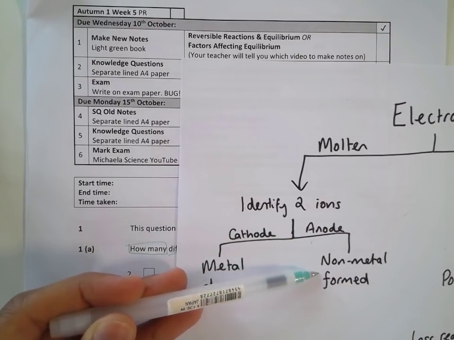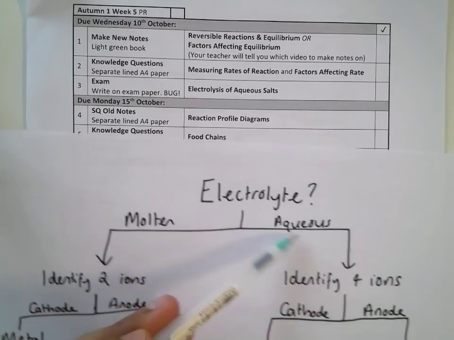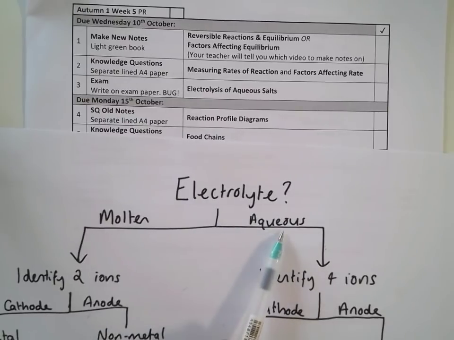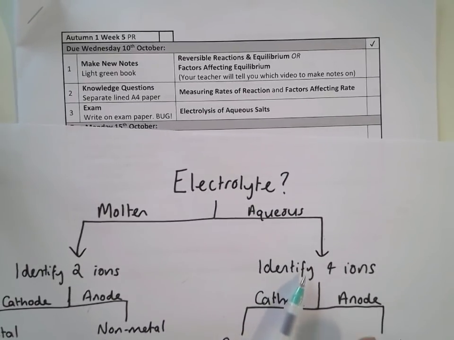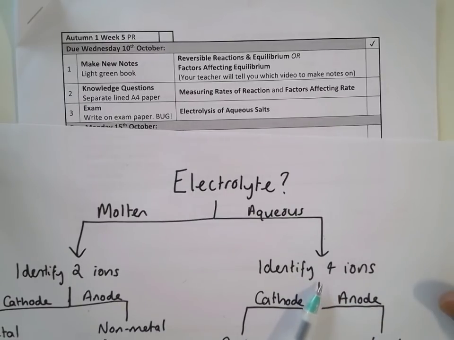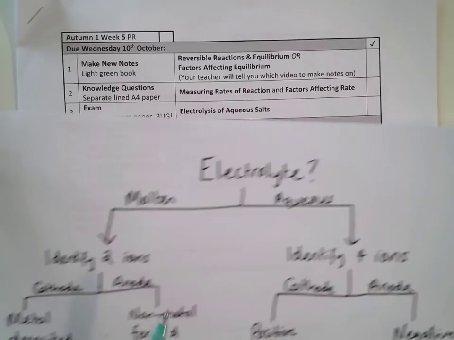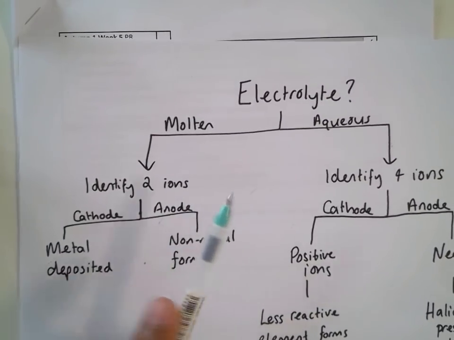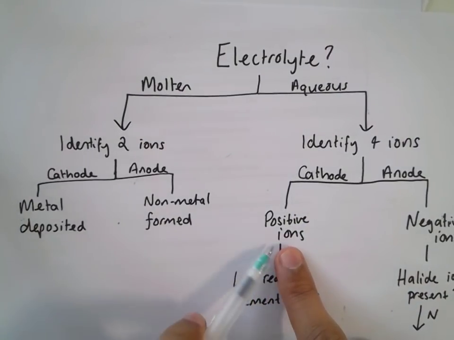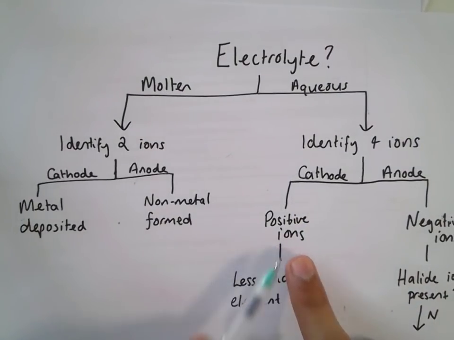However, if you have an aqueous solution instead of a molten ionic compound, there will not be two but four ions present. The extra two ions will come from water, which dissociates into H+ and OH- or hydroxide ion. And so at the negative electrode, the cathode, you will have two positive ions, H+ and the metal ion.